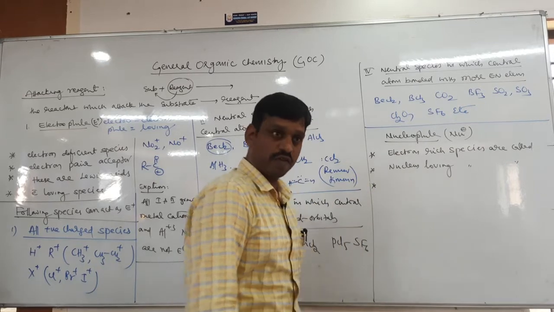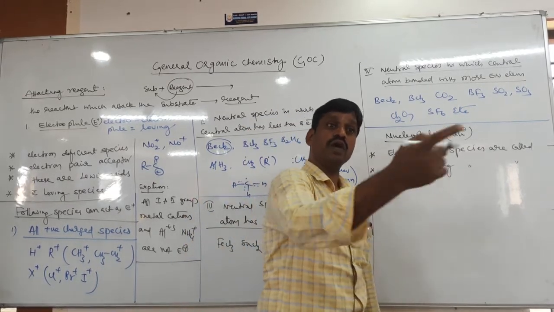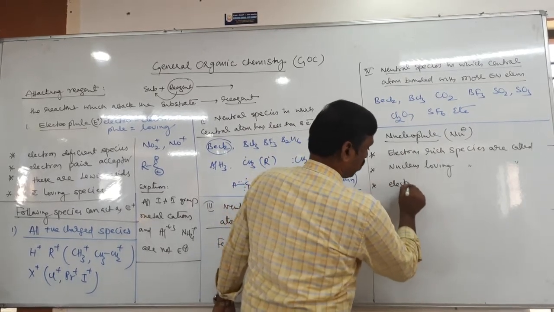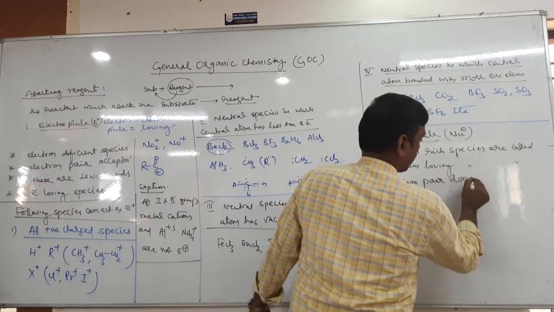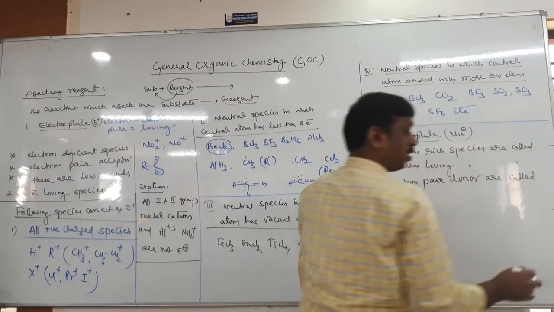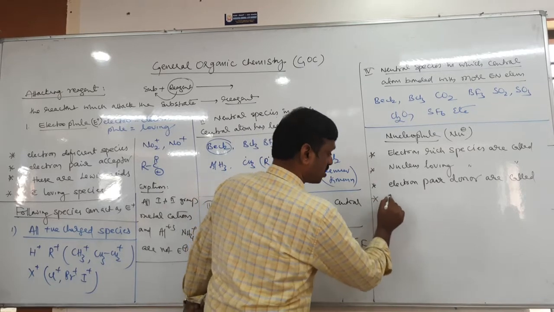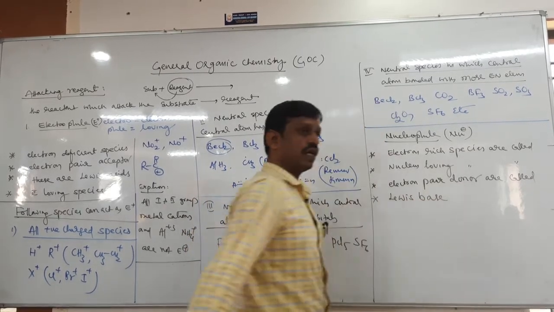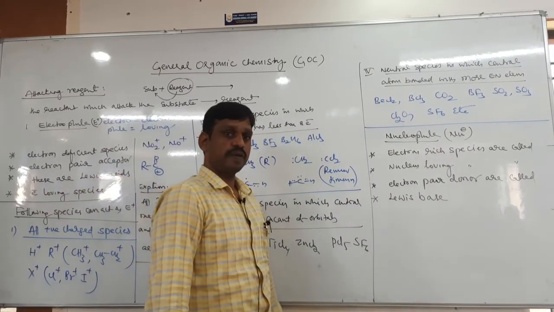Therefore they are electron pair donors, not electron pair acceptors. Electron pair donors are also called nucleophiles. And finally, nucleophiles are Lewis bases and are denoted by Nu minus.